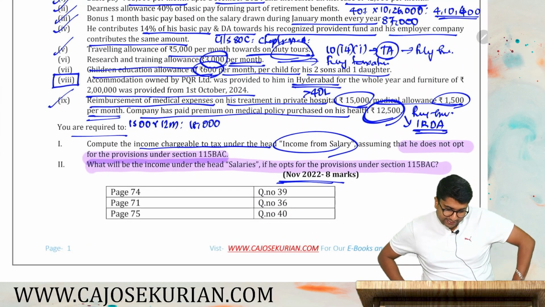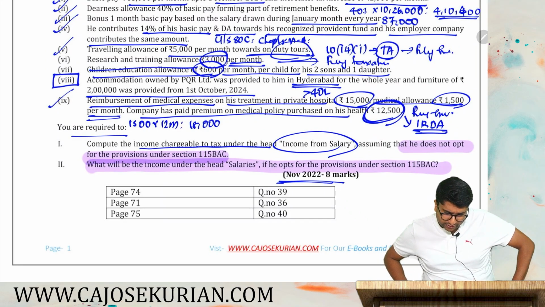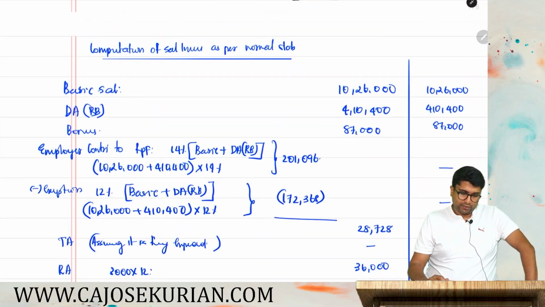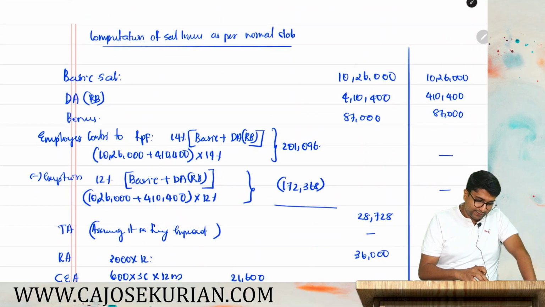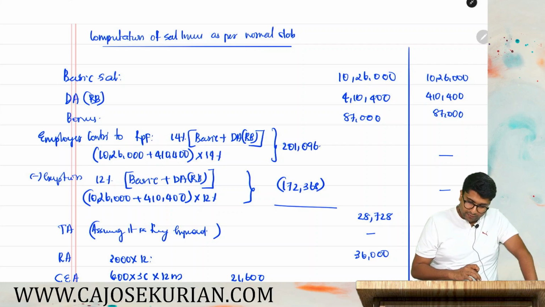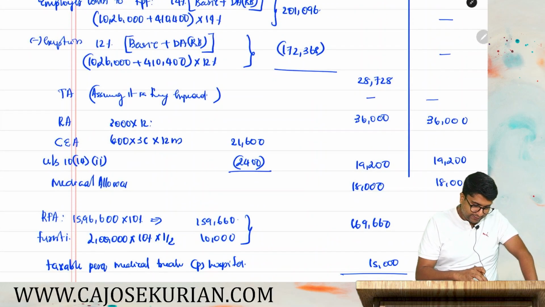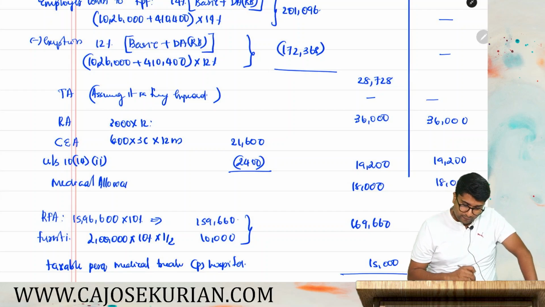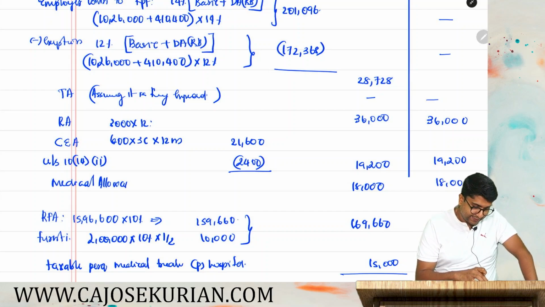Then is there anything else pending? Nothing is pending. Everything has been provided. Now let's compute the gross salary. So let's compute the gross salary, friends. It is 10,26,123 plus 4,10,400 plus 87,000 plus 28,728 plus 36,000 plus 19,200 plus 18,000 plus 1,69,660 plus 15,000.